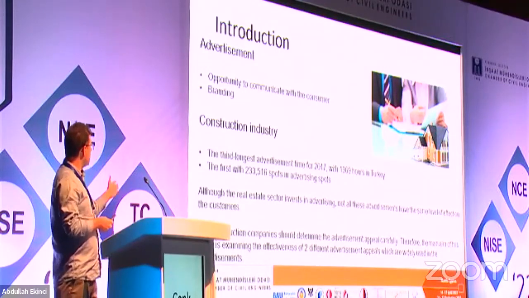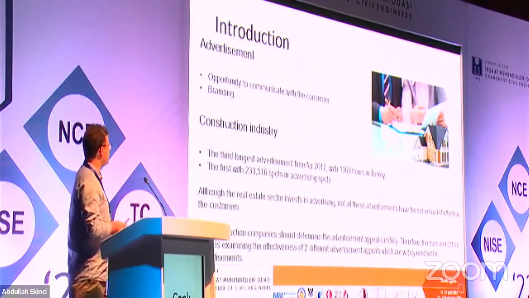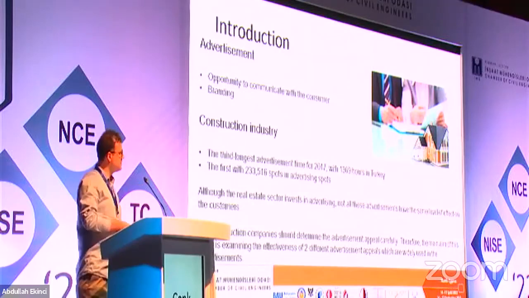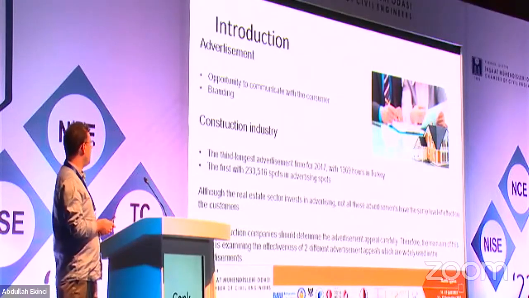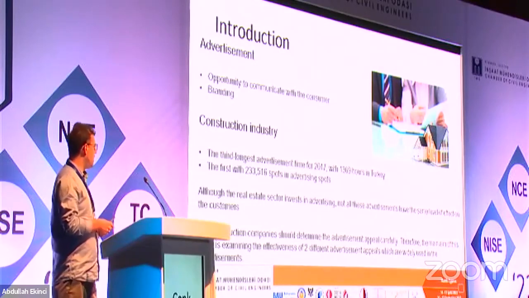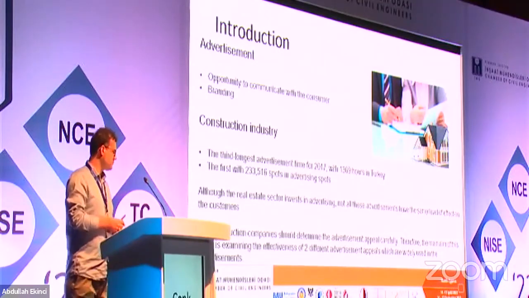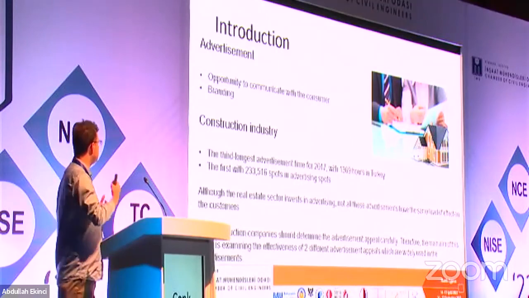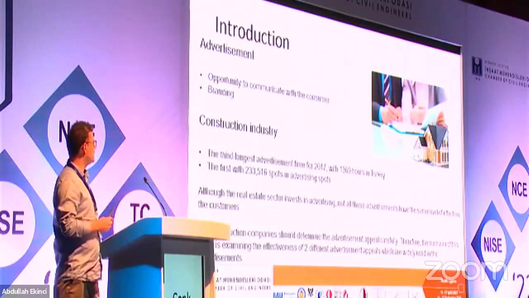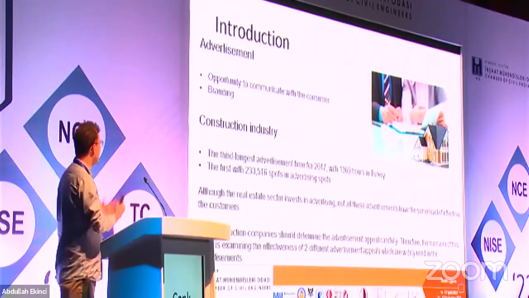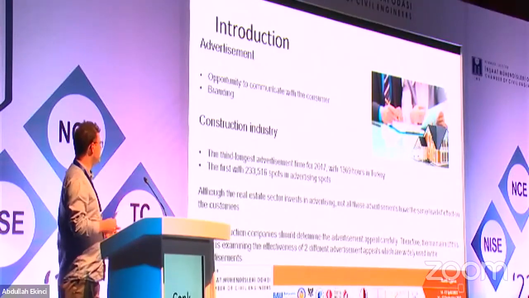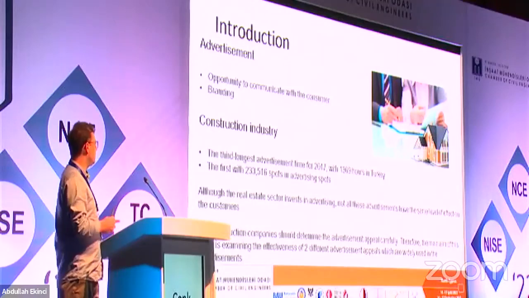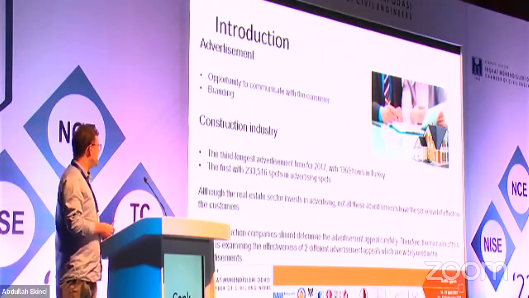Although the real estate sector invests in advertising, not all these advertisements have the same level of effect on customers. Therefore, we should understand which advertisements are more effective on the customer, so we can prepare better advertisements and we don't waste our money and time on useless advertisements.